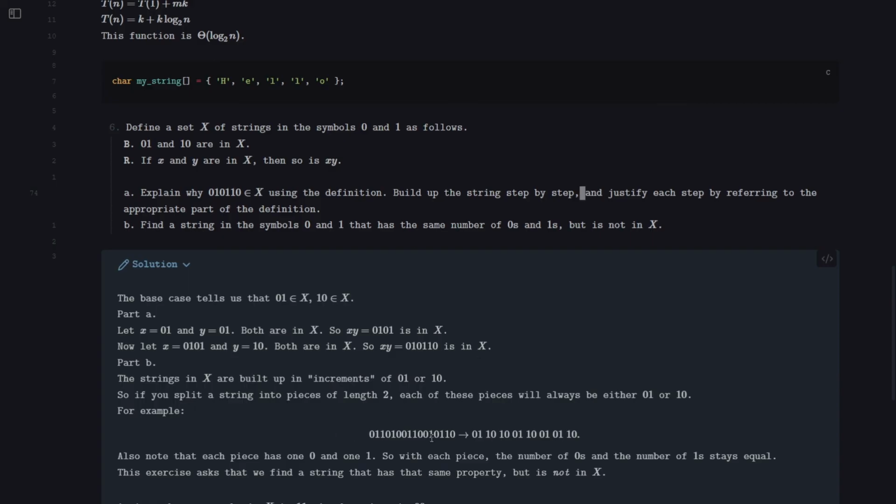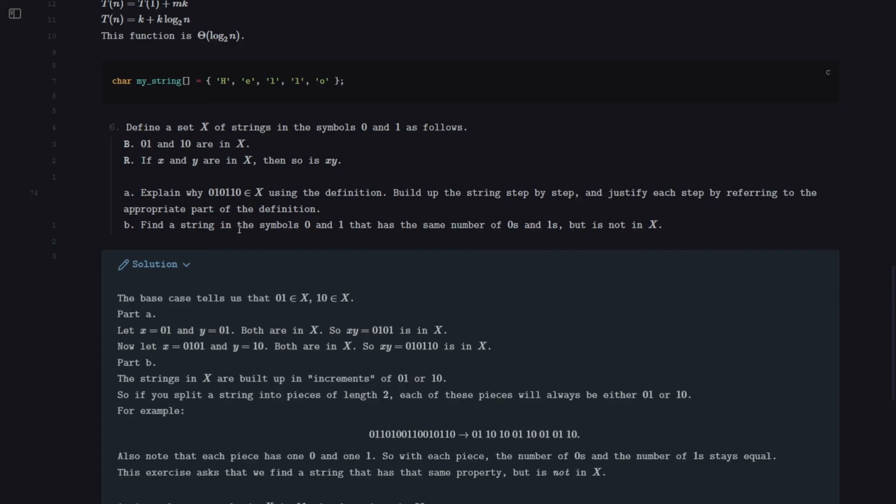Each piece here has exactly one 1 and one 0. And so with every single one you add, the number of zeros and the number of ones stays equal. This means that the strings will always have the same number of ones and zeros.